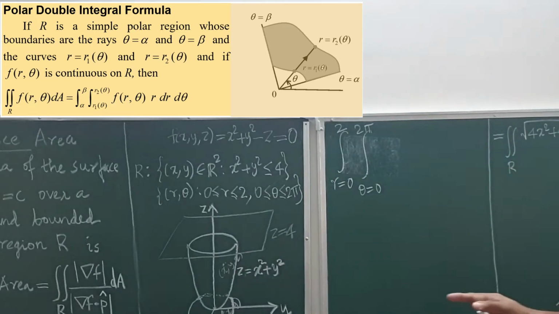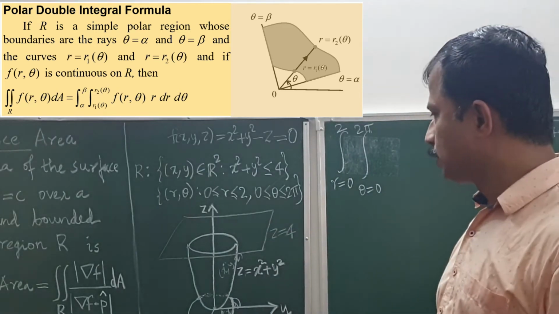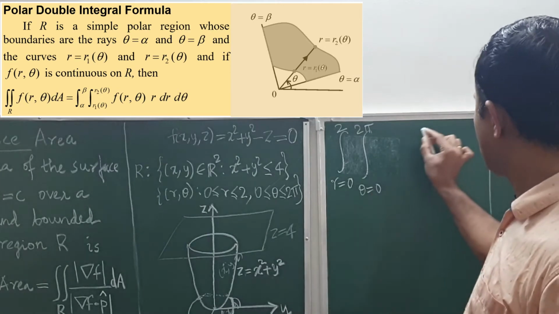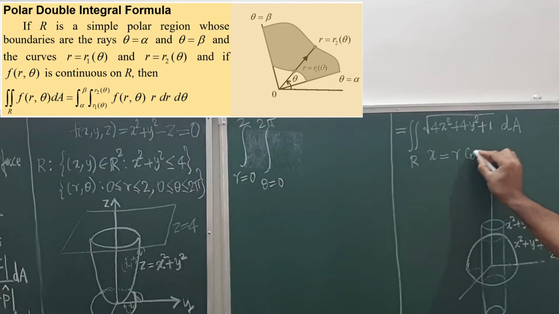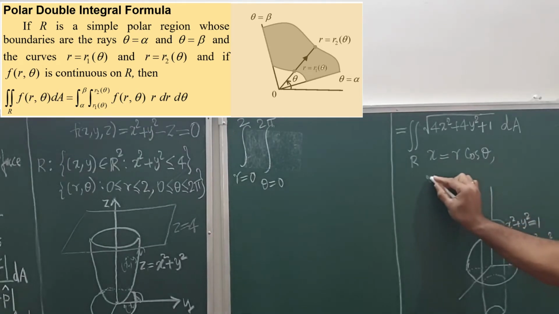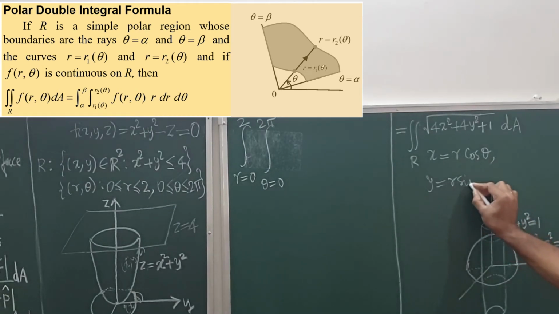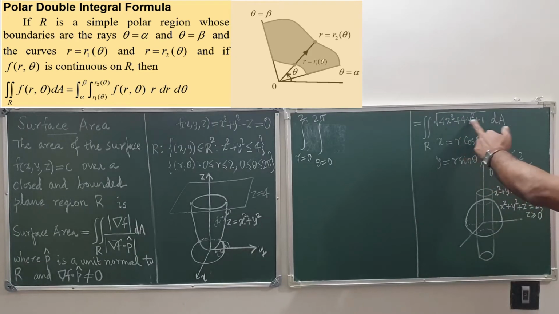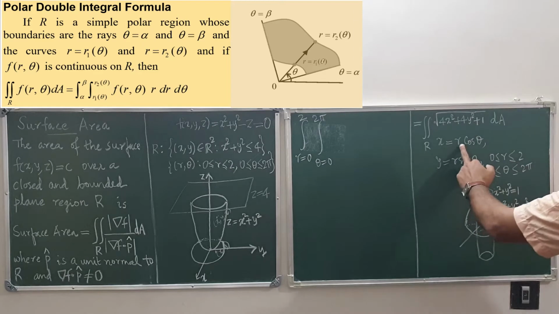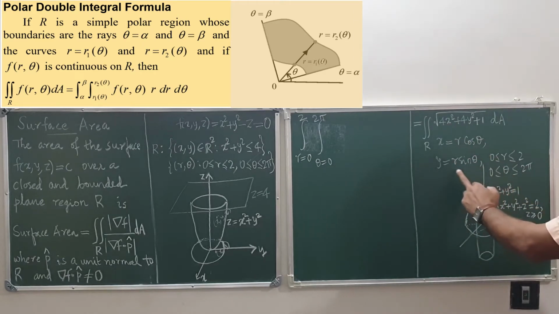What about x? x will be r cos theta, and y is r sin theta in polar coordinates. So here we have to apply that. So x square becomes r square cos square theta, y square is r square sin square theta.